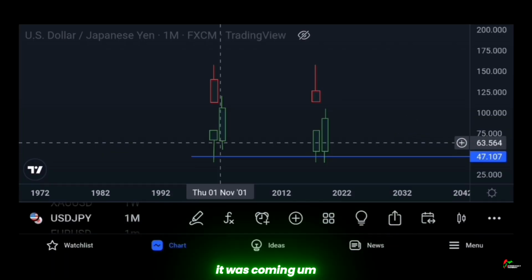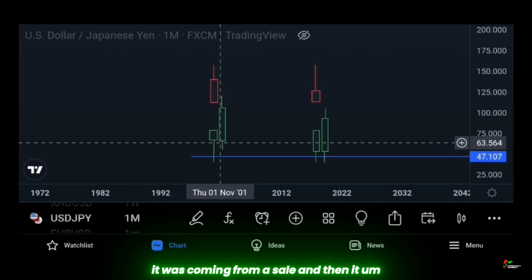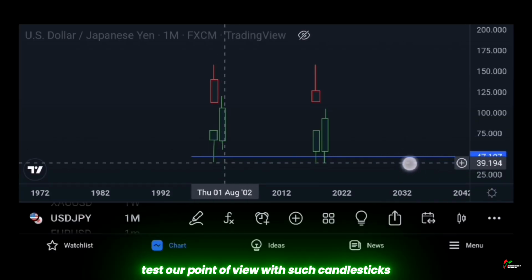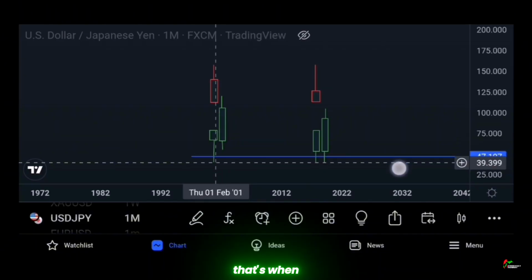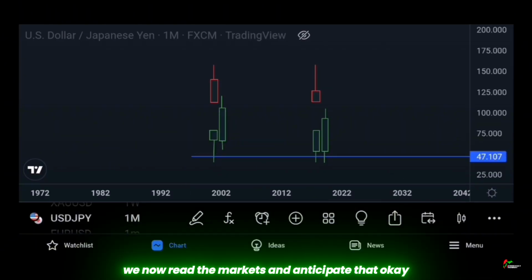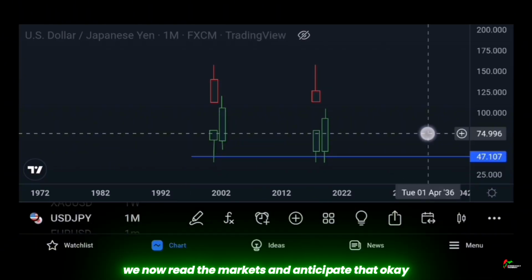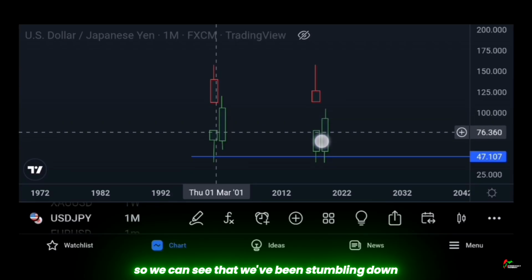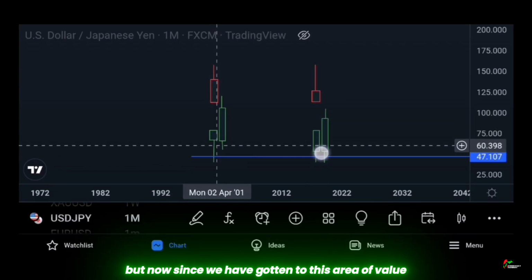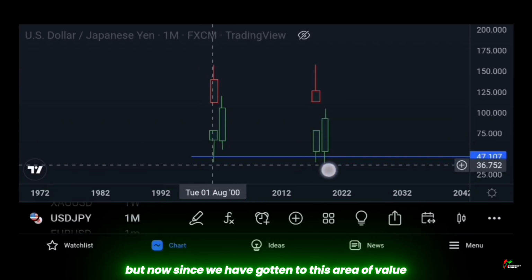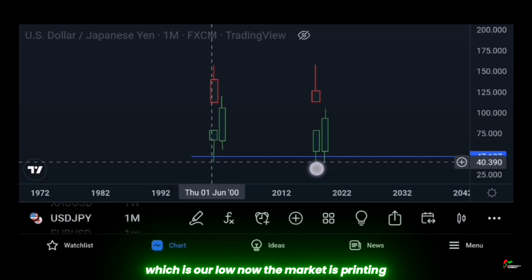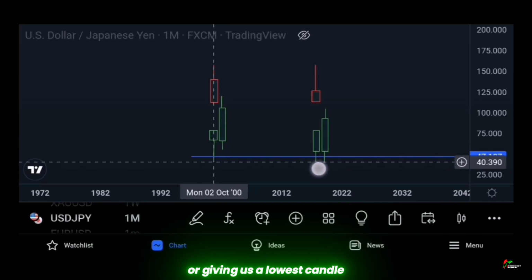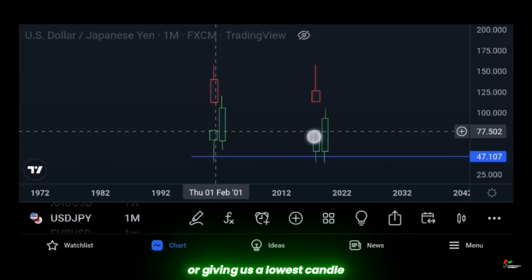Say for instance it was coming from a sell, and then it tests our point of value with such candlesticks. That's when we read the markets and anticipate that, okay, we've been stumbling down, but now that we have gotten to this area of value, which is our low, the market is giving us a low test candle.